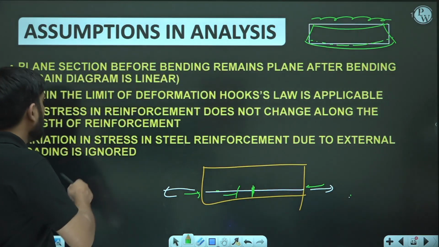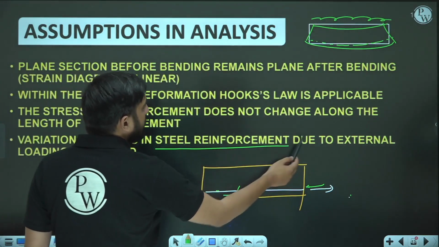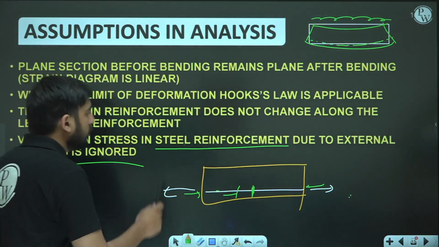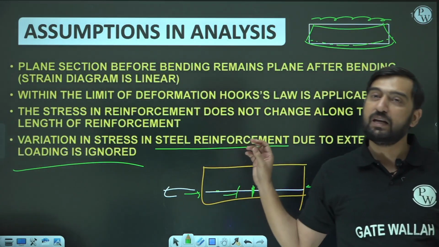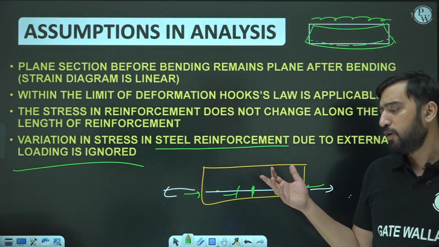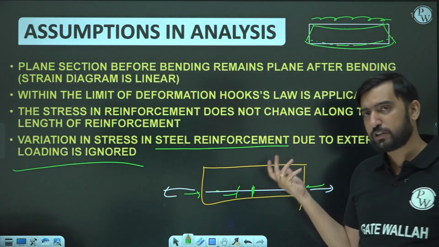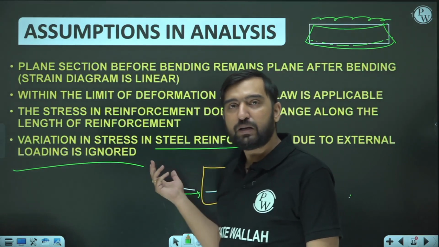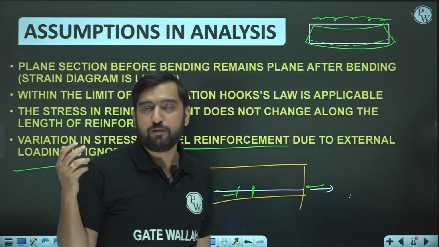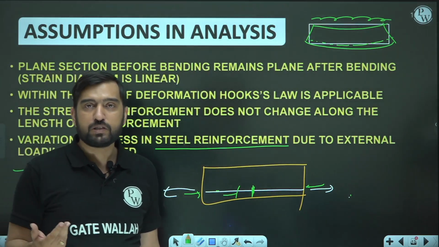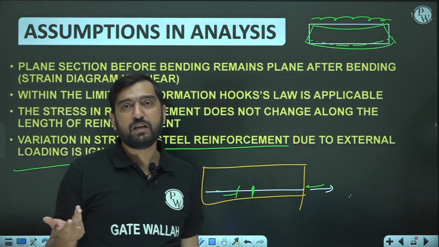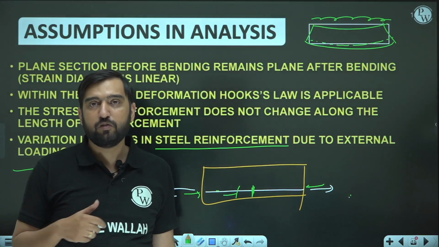So variation of stresses in steel reinforcement due to external load we are going to ignore. Although we can calculate how much strain is there with the help of slope deflection formulas of strength of materials, we can find whether there is a loss of stress, or there may also be a gain in stress. So we can find that.